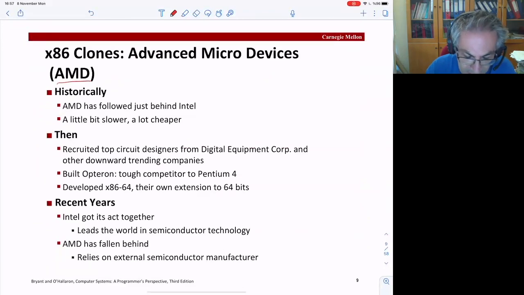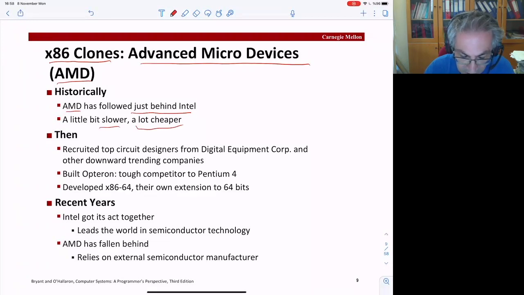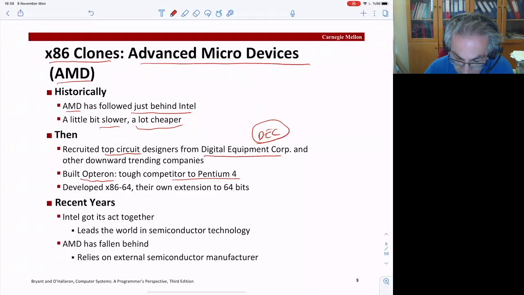And AMD is still around. Before there were a couple more processor makers, but AMD, which stands for Advanced Micro Devices, has followed behind Intel, a little bit slower, but a lot cheaper. When it was founded, it recruited top circuit designers from DEC, which was one of the mainframe computer makers, and they put them together and built what's called Opteron, which was a competitor for Pentium 4.